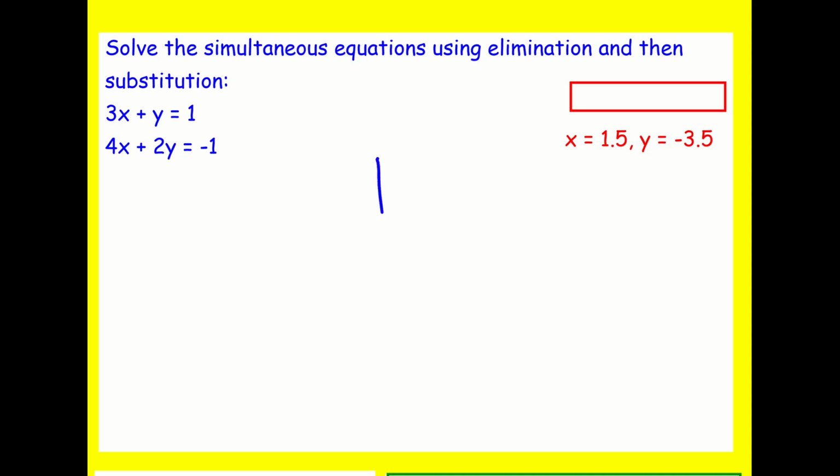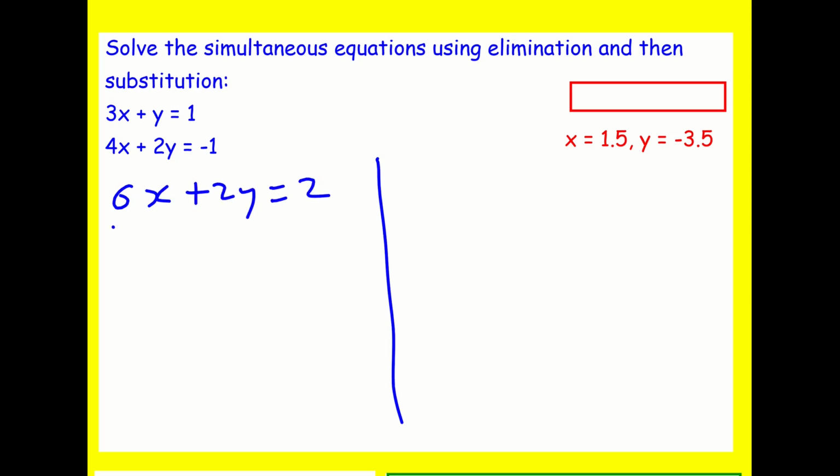Right, let's do elimination. And again, sometimes you have to multiply both equations by something, but I've gone for ones here that you don't, because I wanted to keep y as just by itself. So what am I doing? I'm actually going to multiply this top one through by 2. 6x plus 2y equals 2.